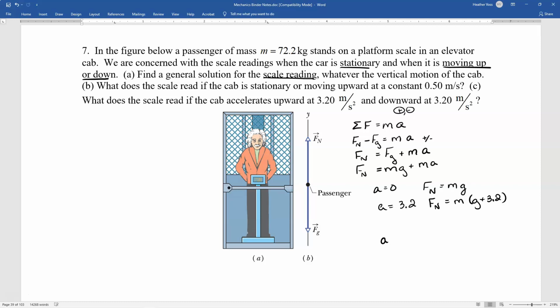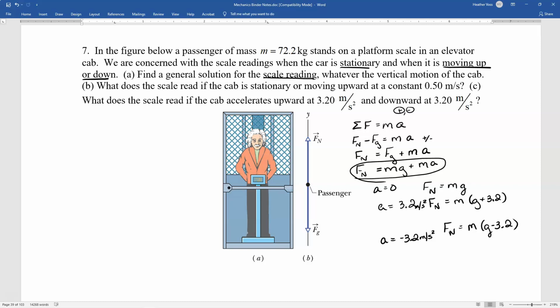If my acceleration is negative 3.2 meters per second squared, because I'm going down, then my force normal is going to be mg minus 3.2. So that acceleration is signed. So here is our general, keeping in mind that it's signed, and then I can substitute in.